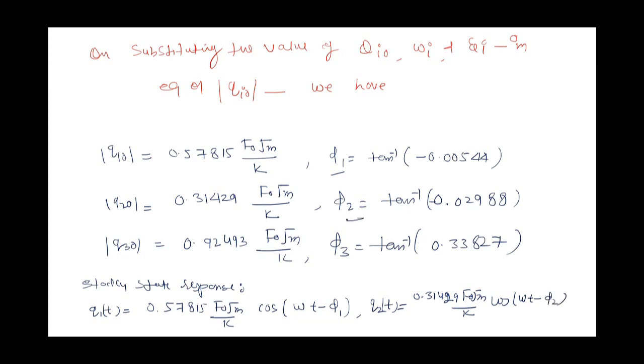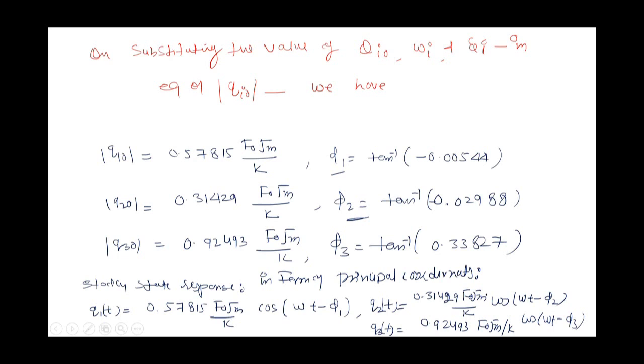Phi 2 can be replaced at this place, and similarly Q3(t) is 0.92493 f naught under root m over k cos(omega t minus phi 3). So these are the responses in the form of principal coordinates.